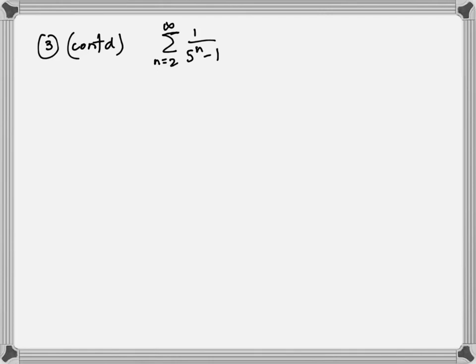So we're going to do what we did before. Remember, this guy, we usually call this guy AN. And I'm going to let BN be 1 over 5 to the n. Again, these are the terms that dominate, right? The minus 1 is not going to change anything.